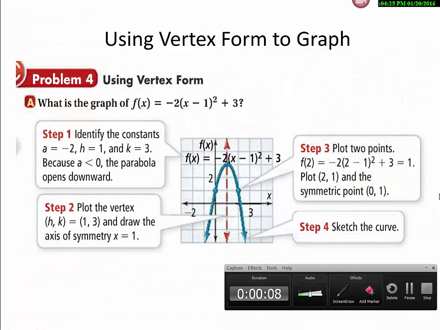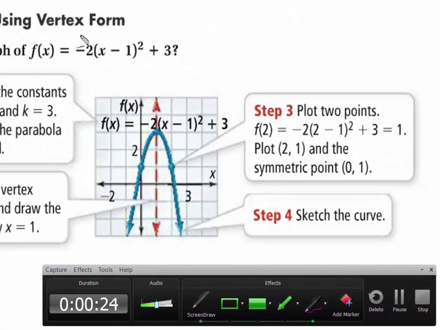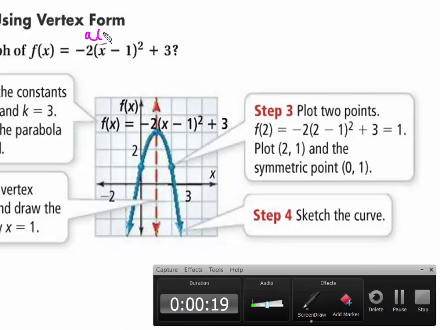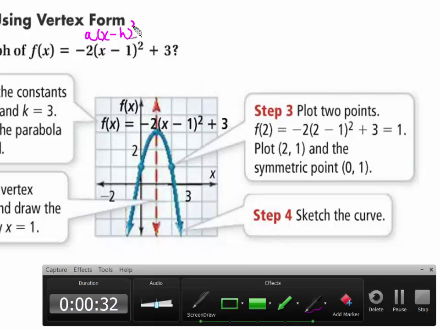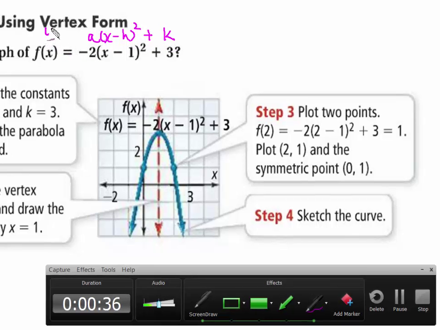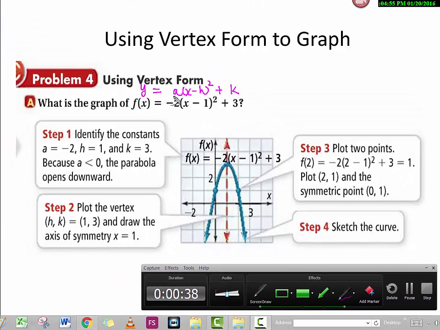In this slide, I'm going to show you how to sketch the graph of a quadratic function based on the vertex form. Okay, again, we line them up with the generic form of a vertex form, so f(x) or y equals a(x minus h) squared plus k. Right.